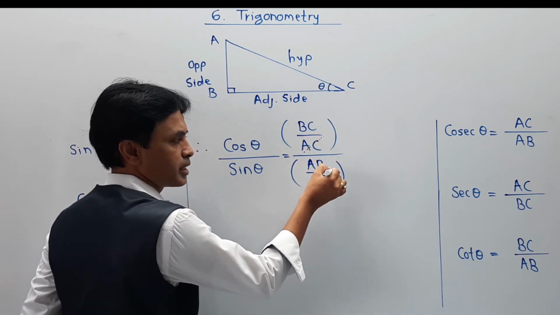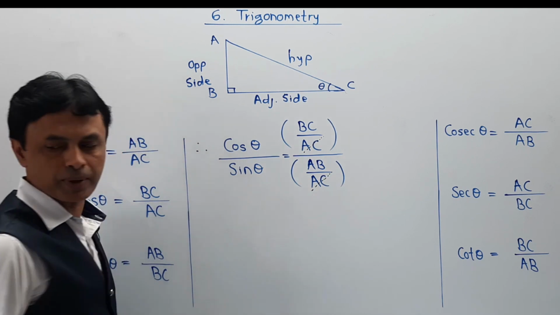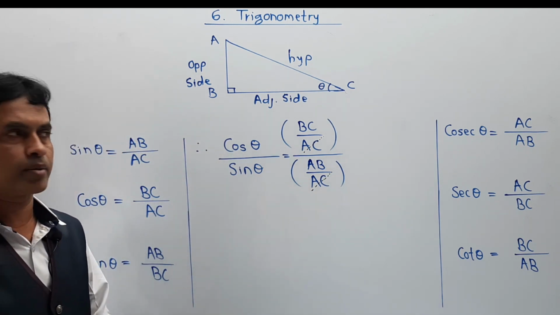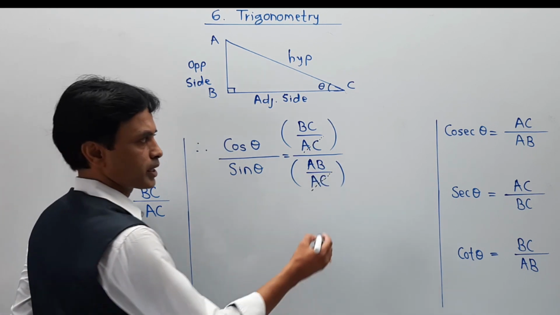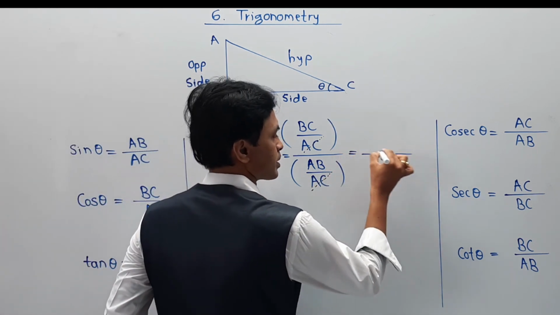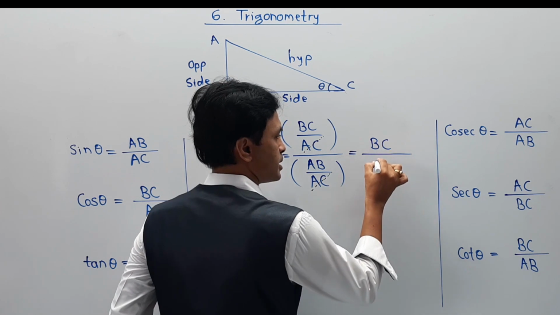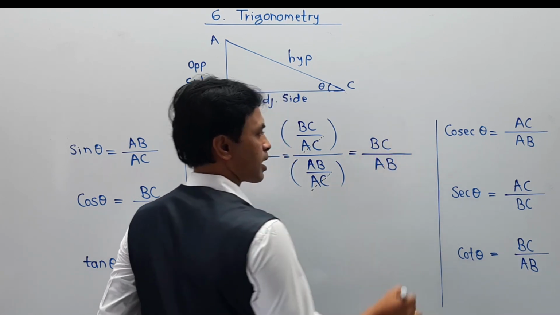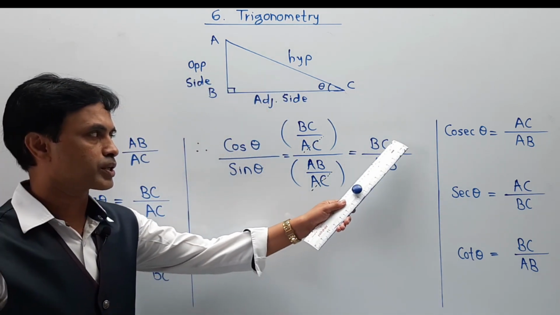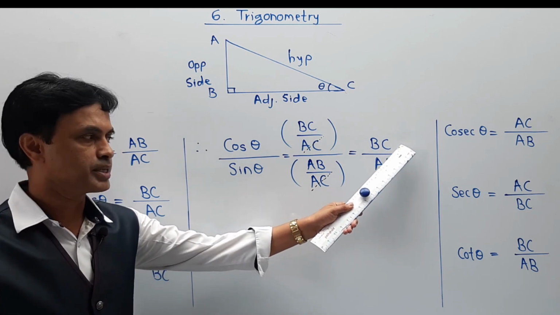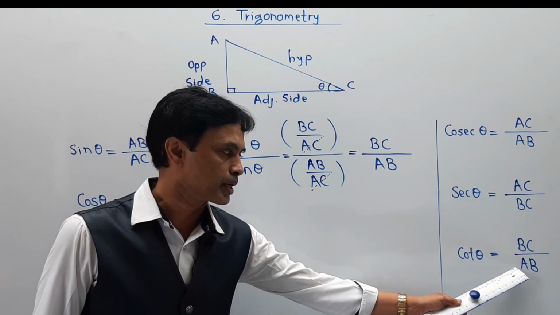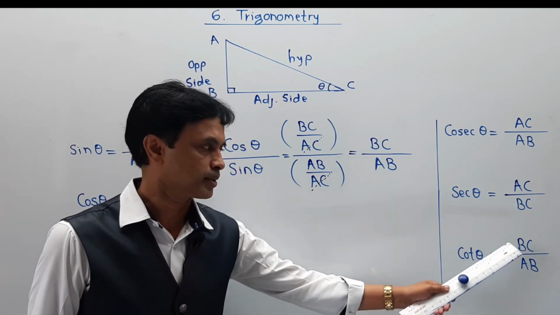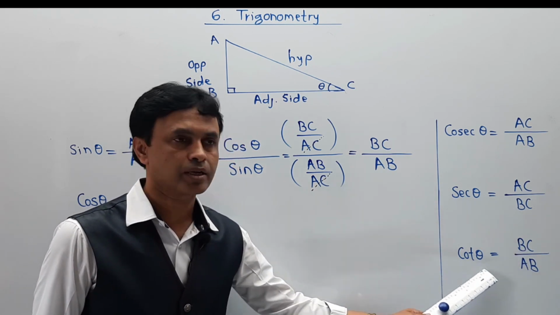Cancelling the base AC from the numerator as well as the denominator, we are getting the value BC upon AB. And if you observe the value BC upon AB, it is nothing but cot theta.